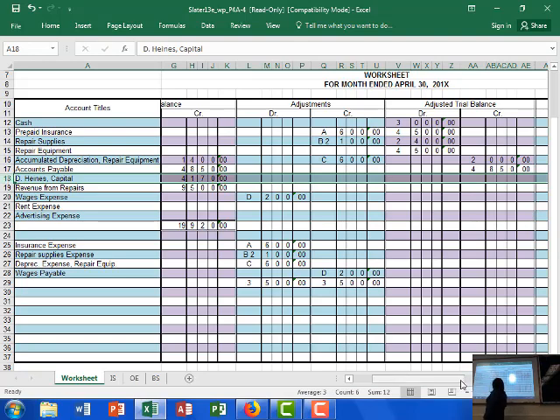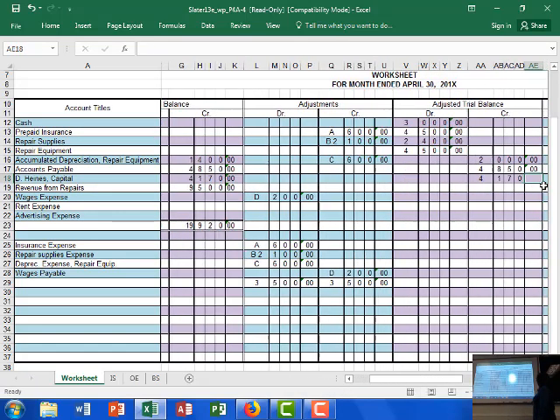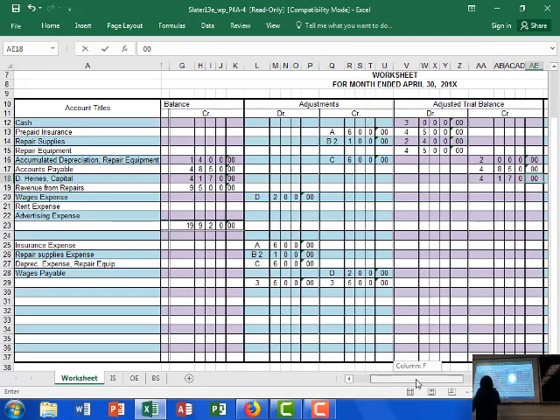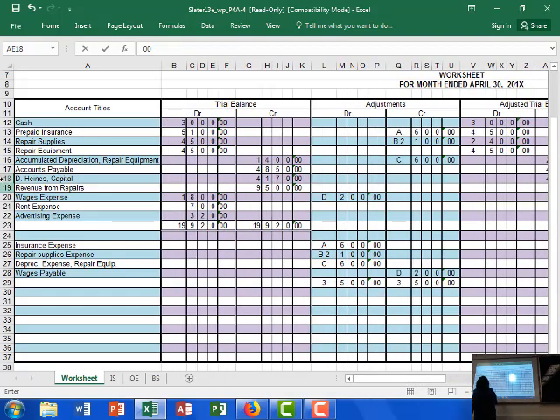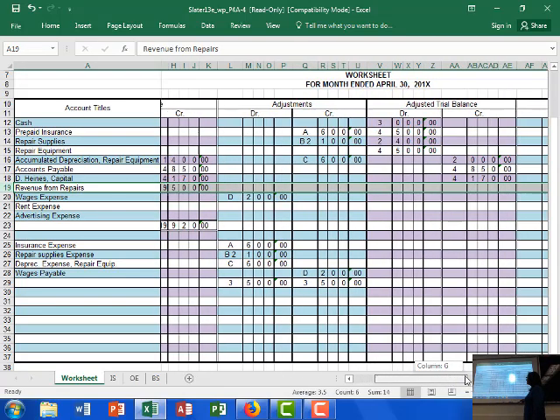Haynes Capital, we did nothing with that. That's the historical value. So we bring it over onto the credit side as well. Revenue from repairs, the amount's already there, so we bring that over as well.